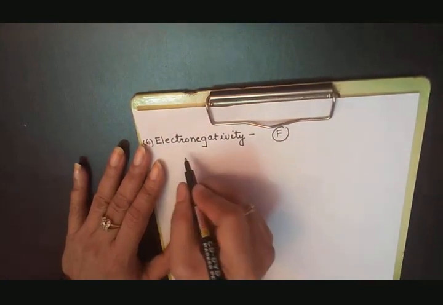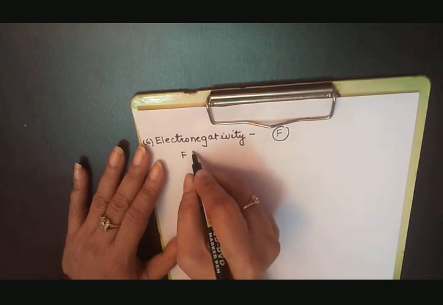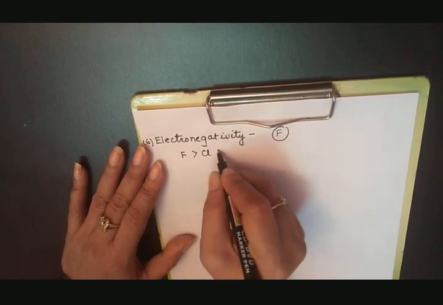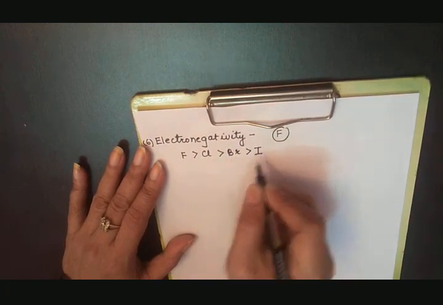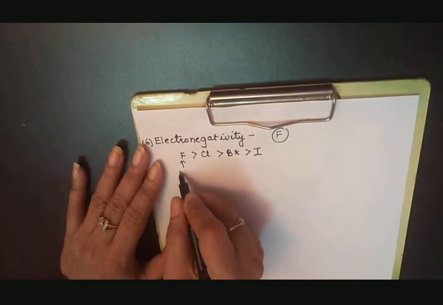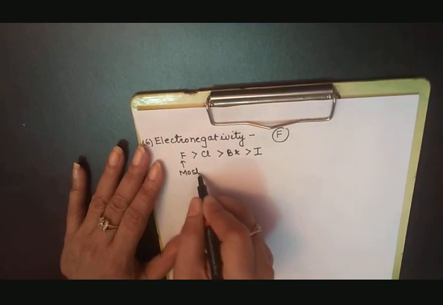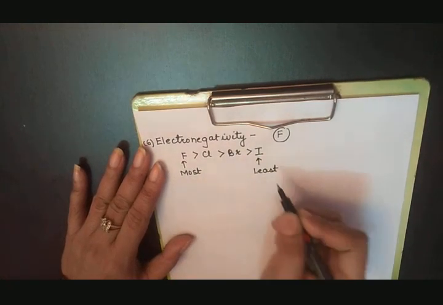This property decreases down the group, therefore the decreasing order of electronegativity will be this. Out of these four, fluorine is the most electronegative, and iodine is the least electronegative.